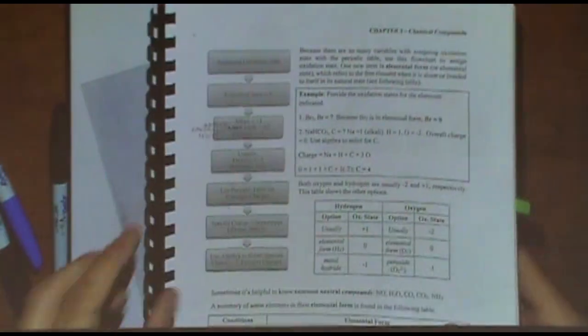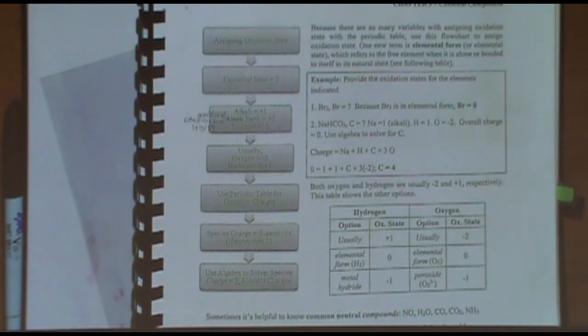By the way, before we do that, I've got several questions on this, so I want to clarify. This is my reader if you're in another class. This is on page 22. When you're doing oxidation states, you need to go in order. These are in order of importance, so you have to remember the order.